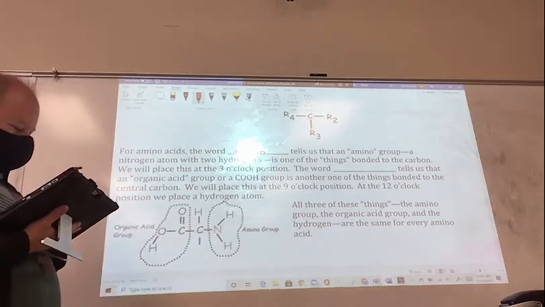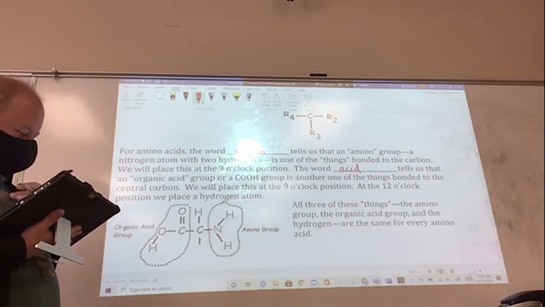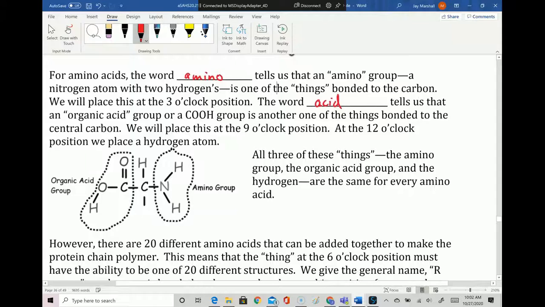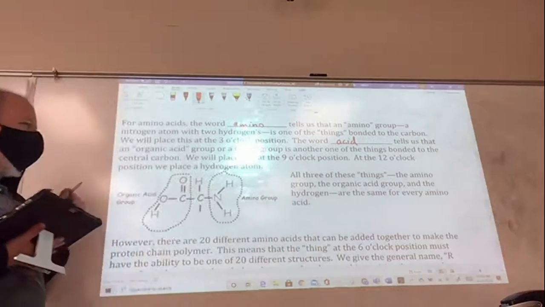The word acid tells us that an organic acid, or COOH group, is another thing bonded to the central carbon, and we'll put that at the 9 o'clock position. At the 12 o'clock position, we'll put a hydrogen. And all 3 of these things, the amino group, the organic acid group, and the hydrogen, are the same for every amino acid.